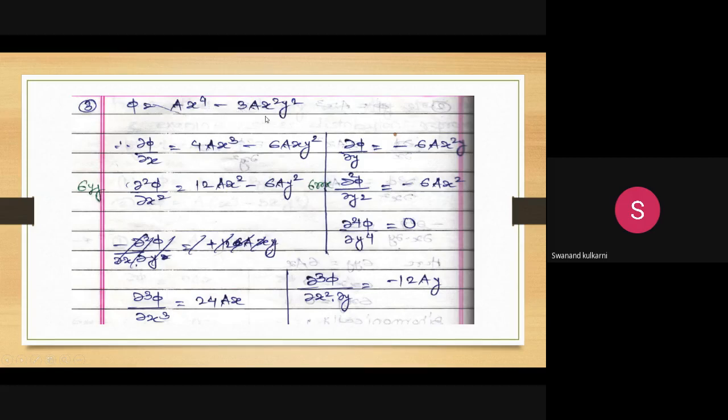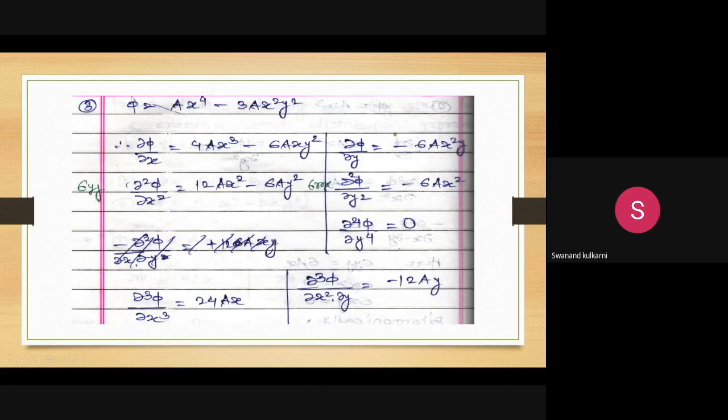Minus term, now we are differentiating with respect to y, so y² will become 2y. Because 3ax² will be a constant term, only y² gets converted into 2 times y. So 3 into 2 will be equal to 6ax²y.